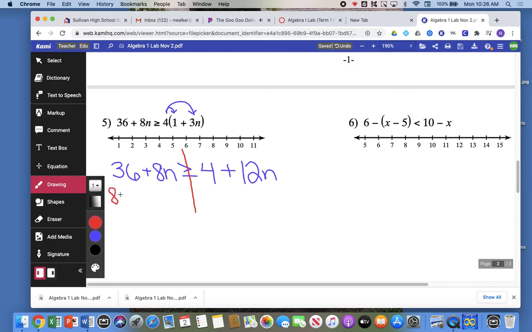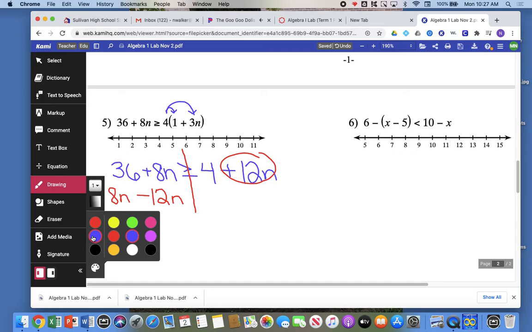It's staying, so it stays a positive. Now this 12n is a positive, it's crossing over, so what happens to its sign? And then I'm just bringing down my greater than or equal to symbol. We do not flip it during this rearranging. The only time we ever flip it is at the very, very end.